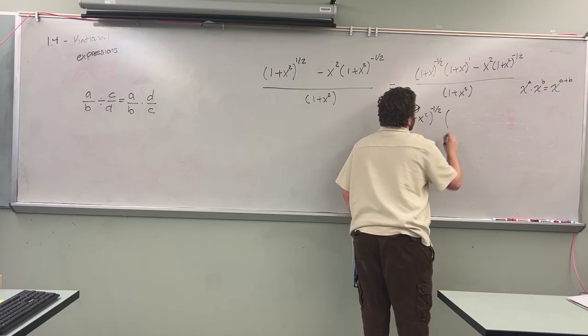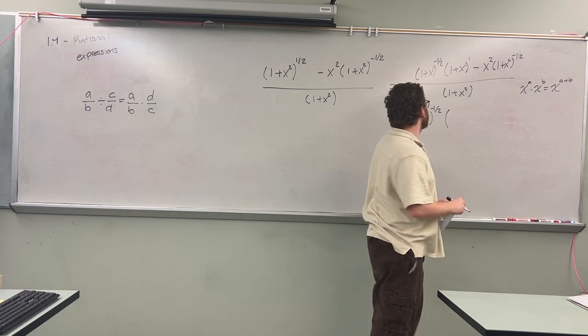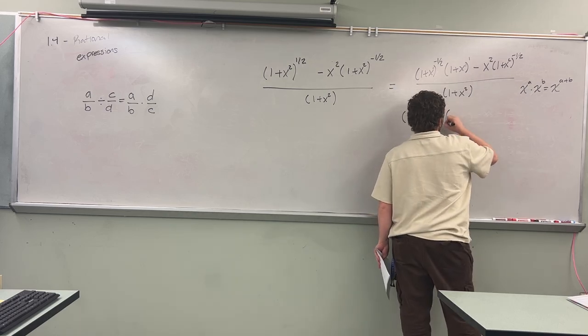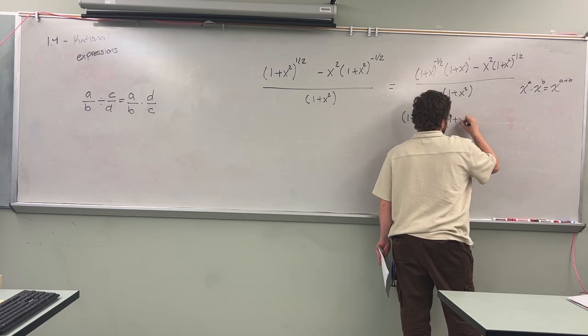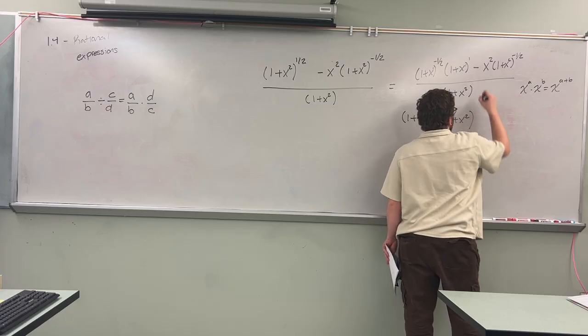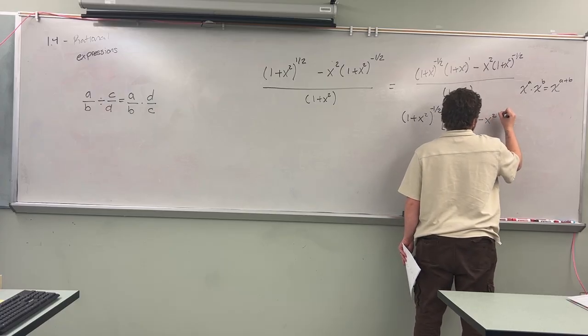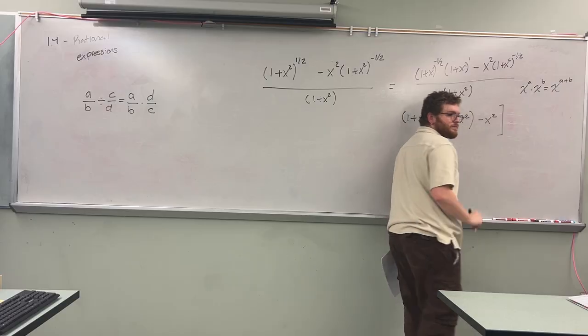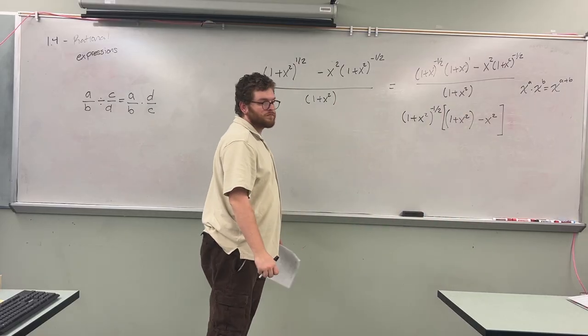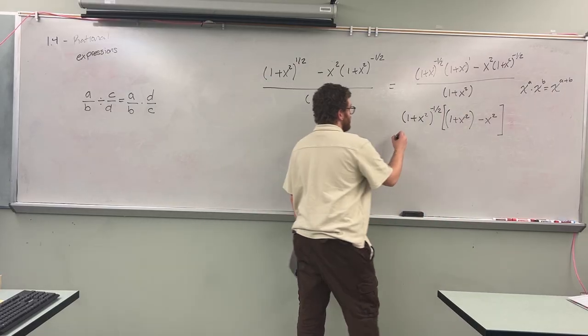Factoring that out, I have left over this 1 + x^2 to the 1, and this minus x^2. And then the bottom stays the same.